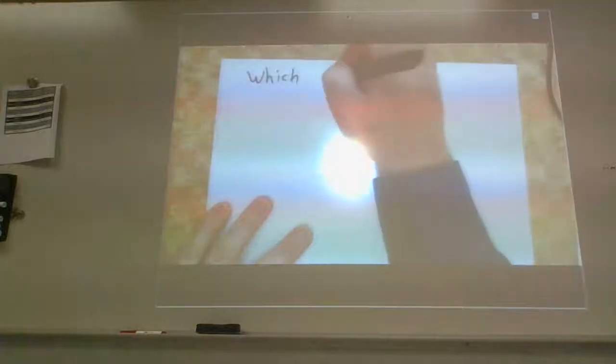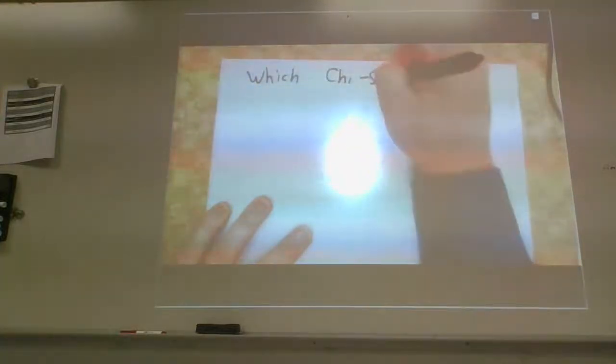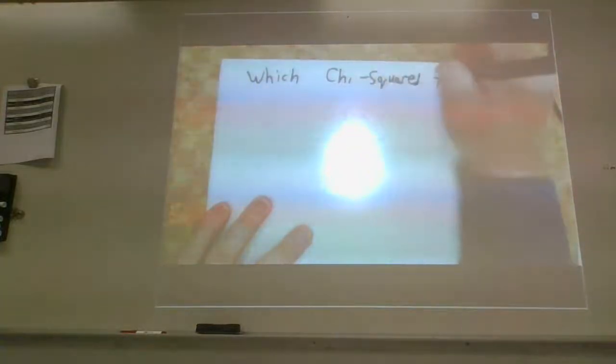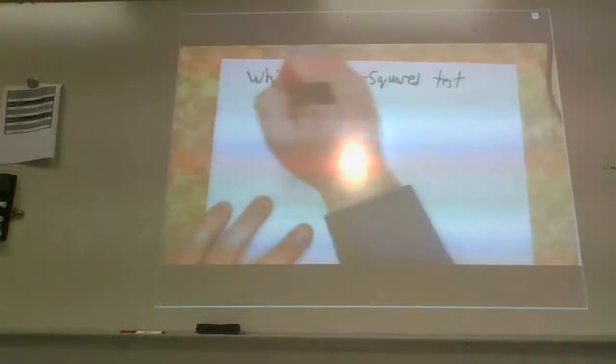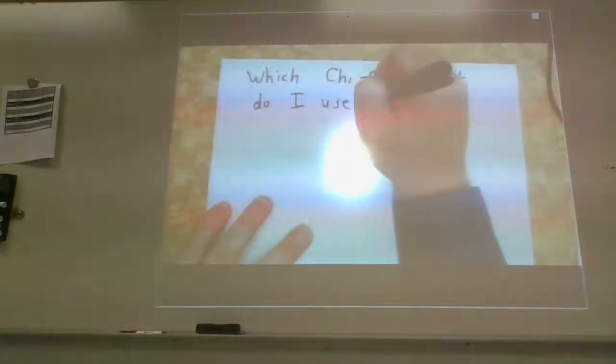Now, like I said, I just wanted to get through this whole chi-squared thing, but I have a couple of notes on chi-squared. Which chi-squared test do I use? Question mark.